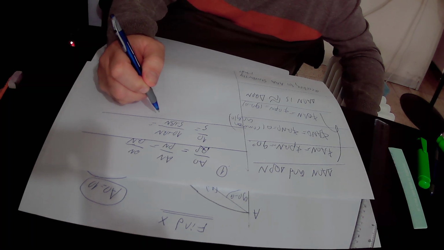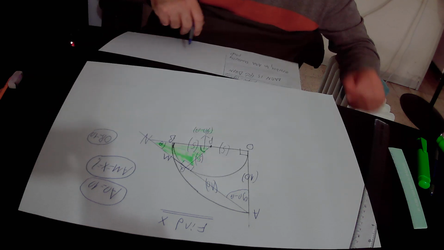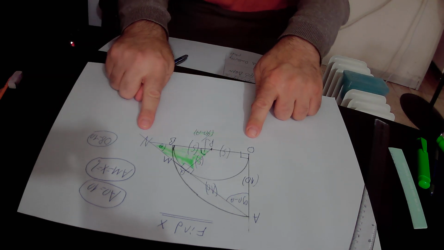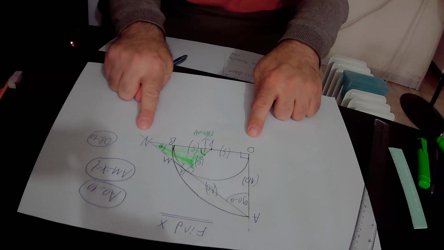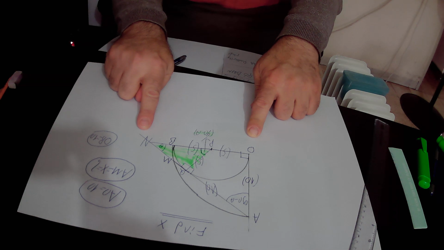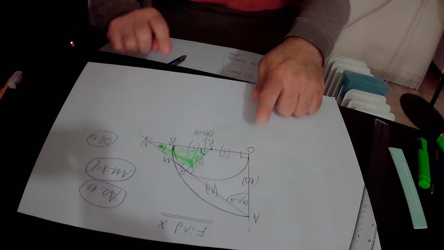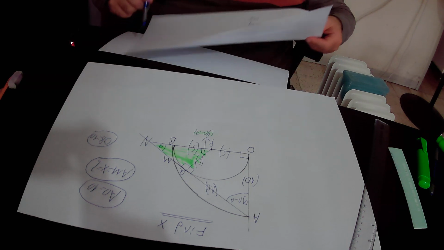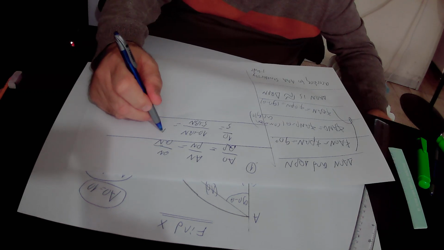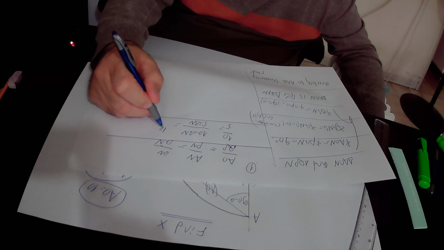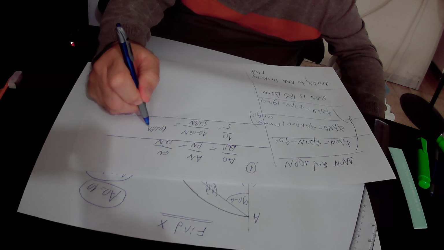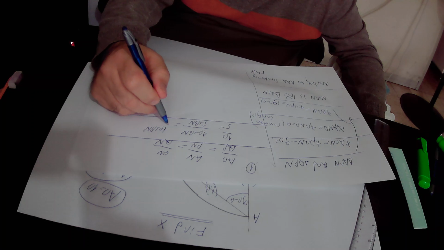And it equals ON. What is the length of ON? ON in total equals 5 plus 5 plus BN. So in total, ON equals 10 plus BN, over QN.